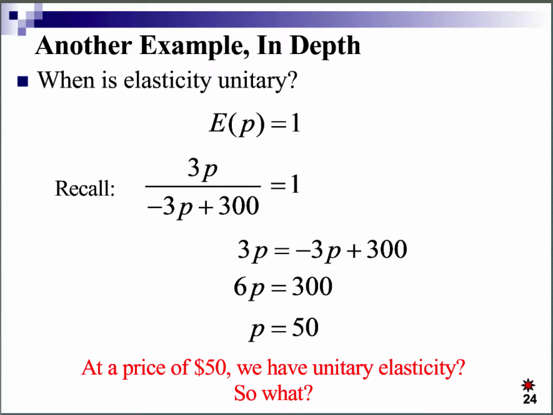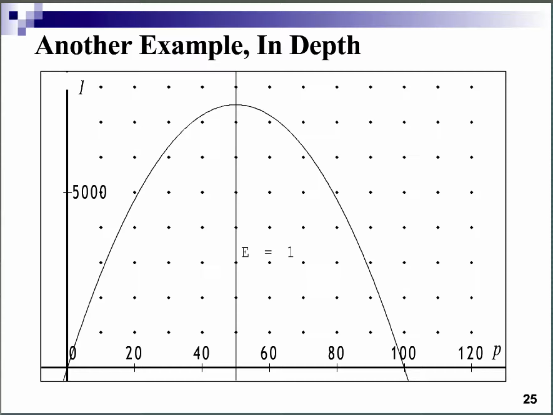So the question then is, well, so what? What does that mean? So let's take a look at that. Once again, here's the picture of that revenue function. We have price on the horizontal axis and revenue on the vertical. And remember that we just found that P equals 50, a price of $50, gives us an elasticity value of exactly equal to 1.